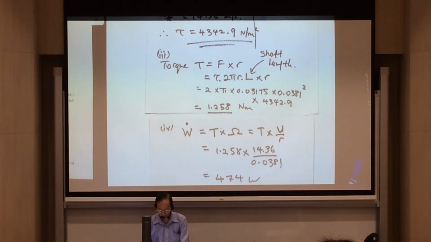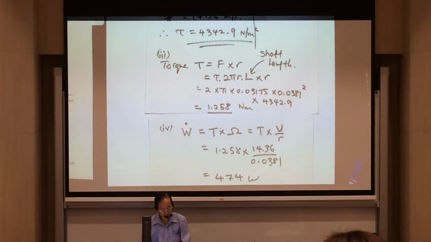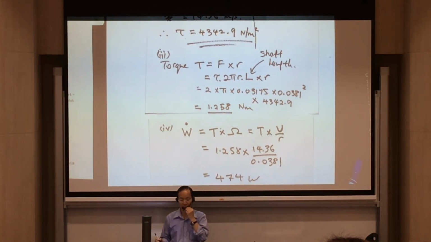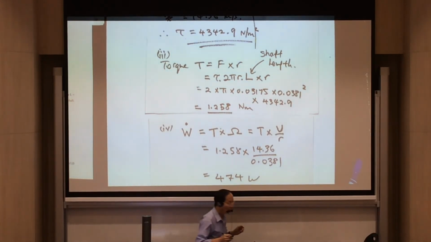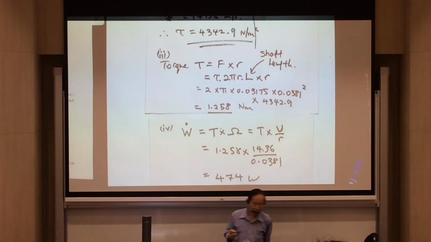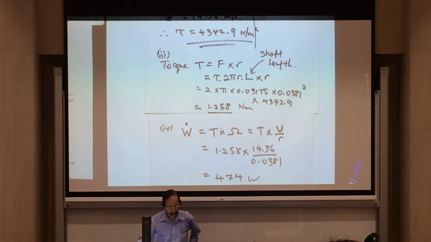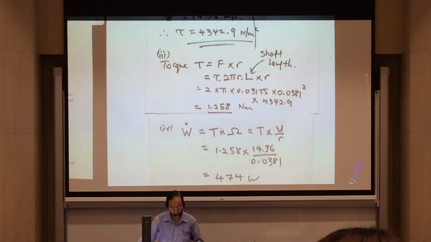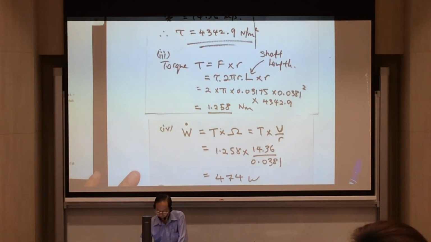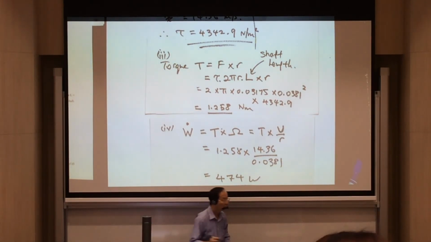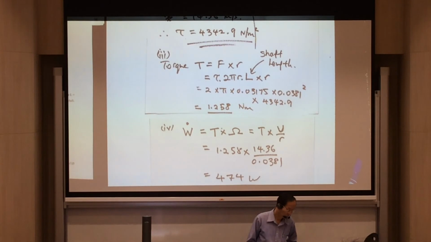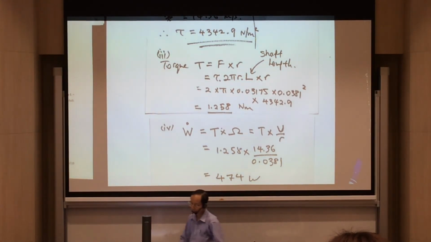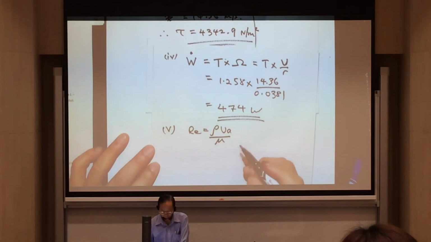Then finally, Reynolds number. Reynolds number is easy, it is again rho times u times the length over mu.